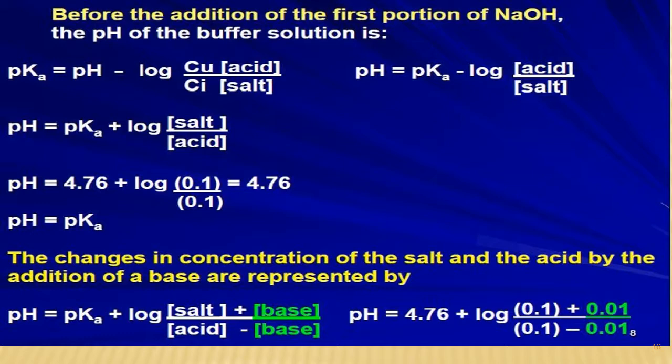pKa equal to pH minus log acid over base, sorry, salt over acid, and we arrange it in this manner. pH equal to the pKa minus log salt over acid, should be like here. After arranging it, pH equal to the pKa plus log salt over acid. The pH equal to the pKa 4.76 plus log 0.1 over 0.1 for acid and salt, and it will be equal.